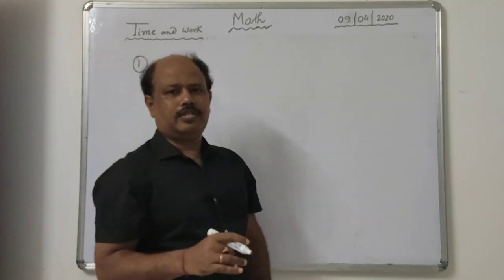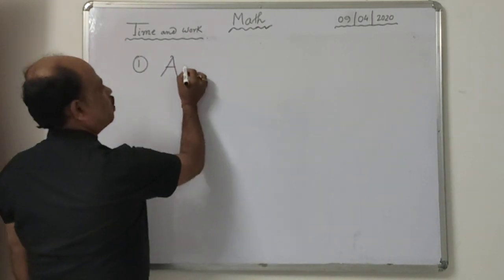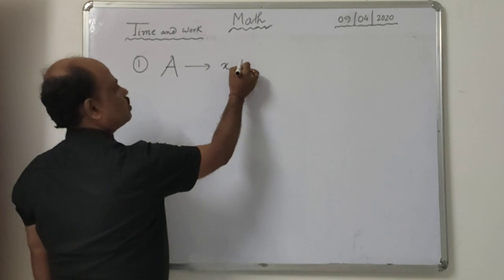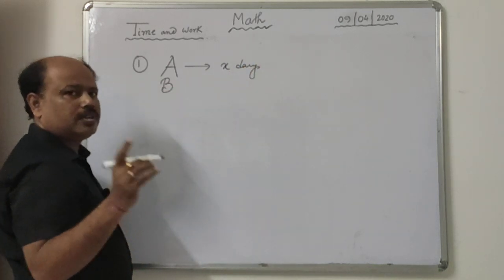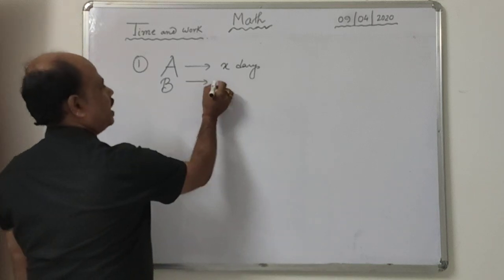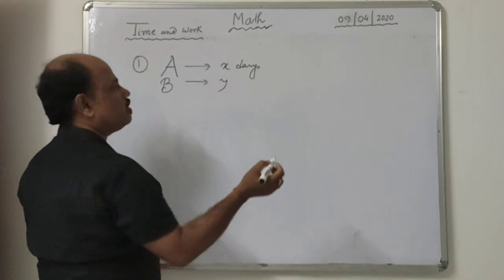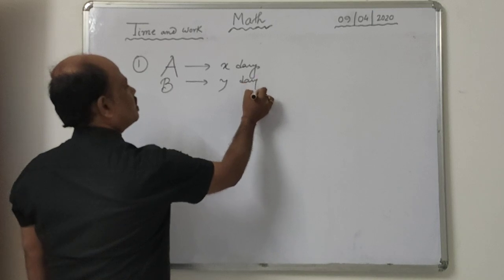A man can do a work in x days, and B, another man, can do the same work in y days.